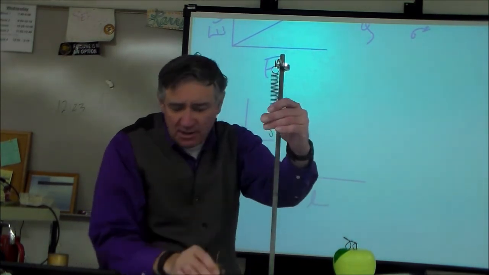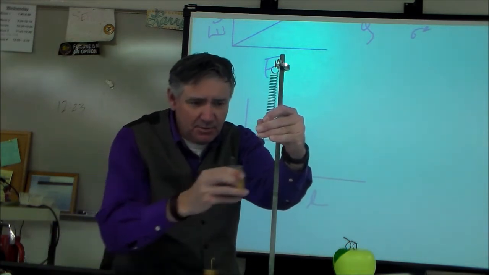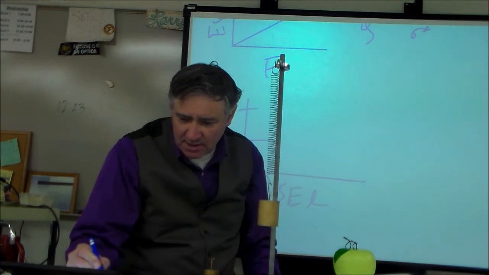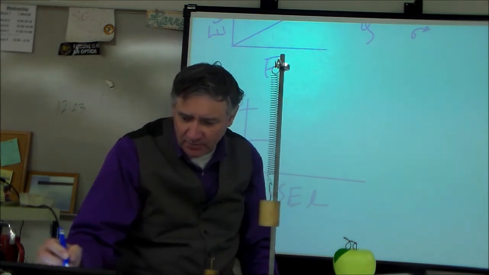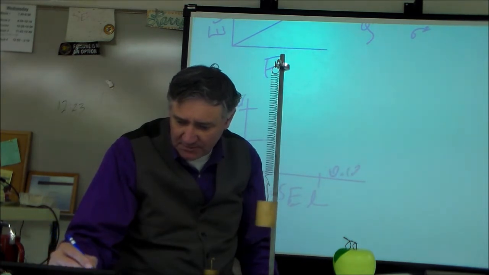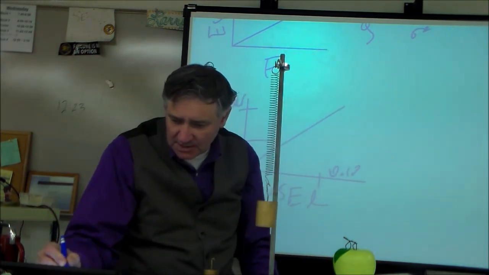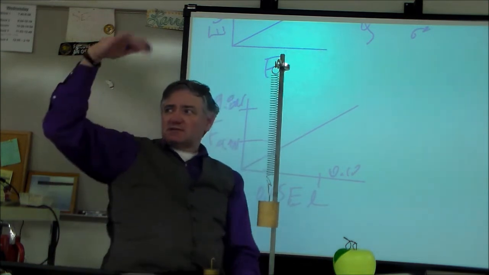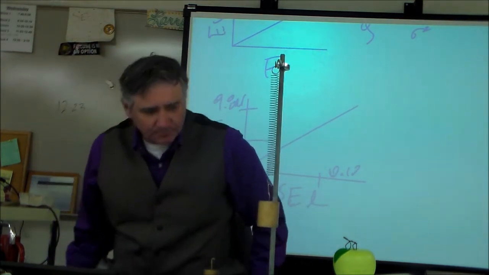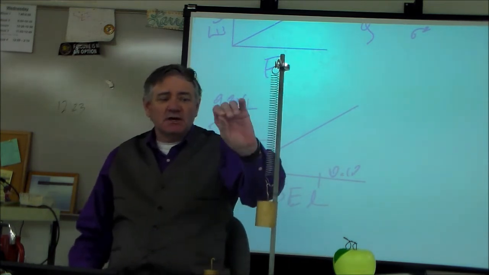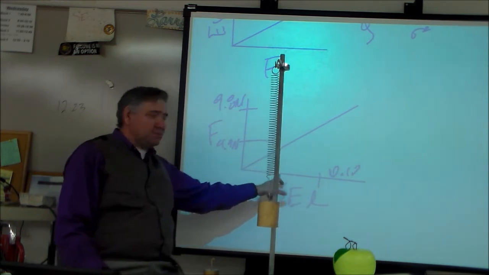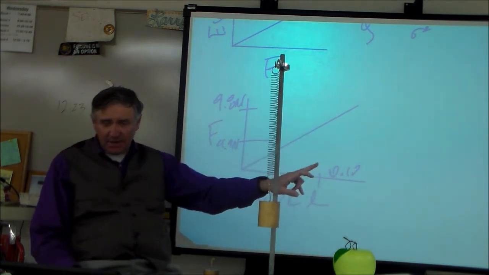Now, if I double the force by putting a 1 kilogram mass on there, I'm exerting 9.8 newtons of force, and it's going to stretch to a distance of 0.1 meters. We can draw this line, and we get this nice linear function. Here's what's going to be important: with springs, if you want to stretch it twice as far, you have to apply twice the force.